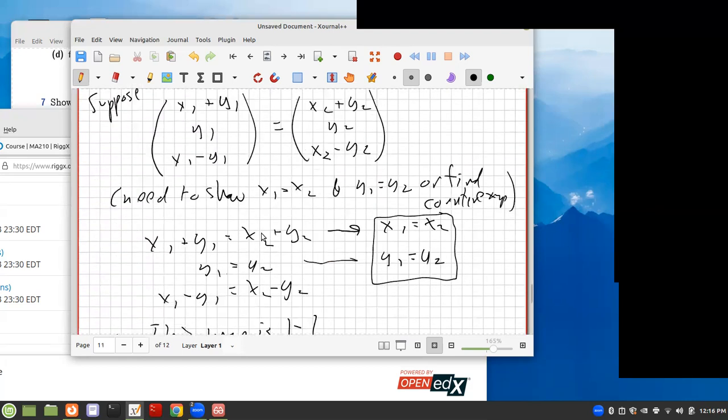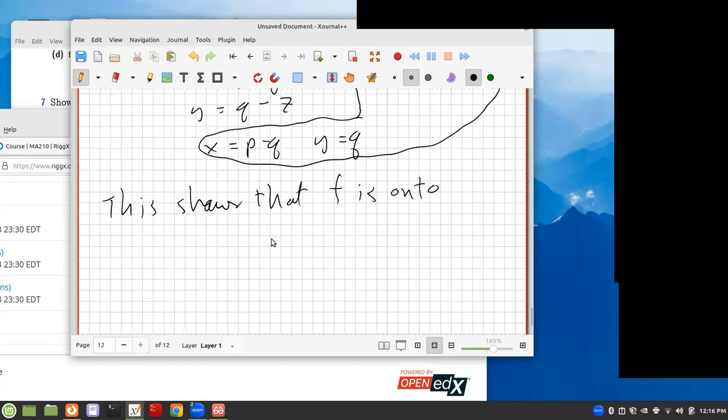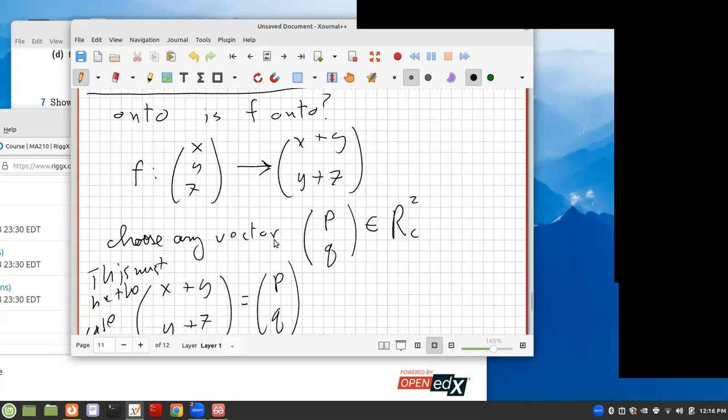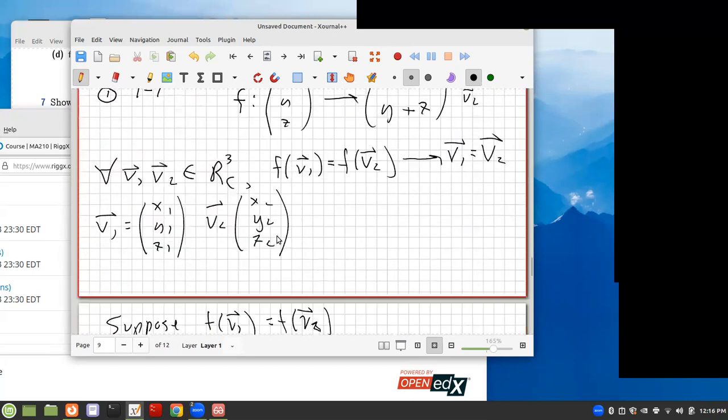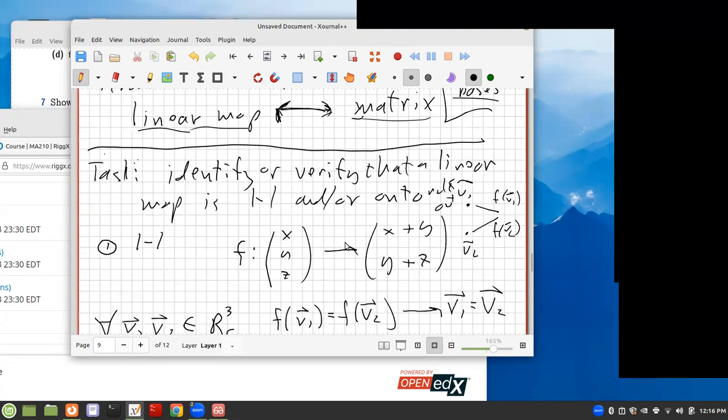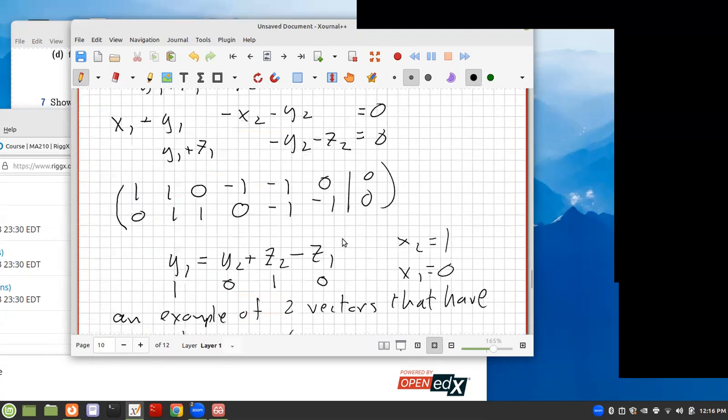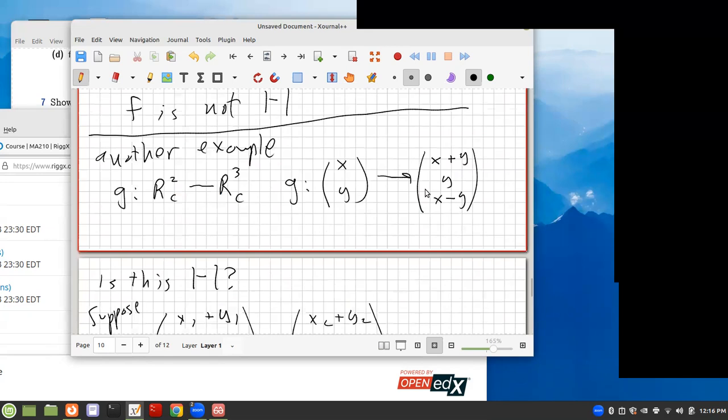Okay, that's an example where it is onto. We're also going to be able to check that the map up here is onto, but the map G, the second one, is not going to be onto, and let's see how that works.